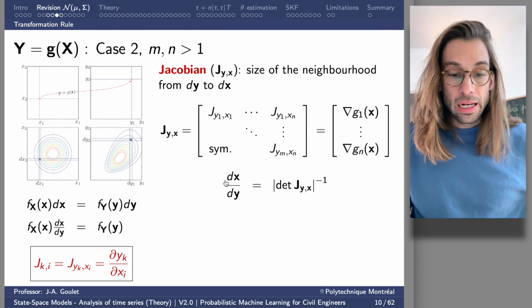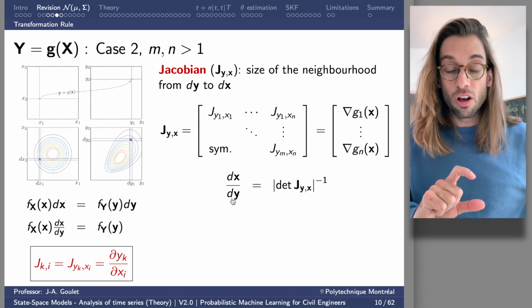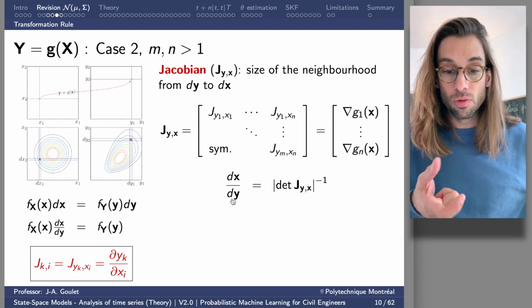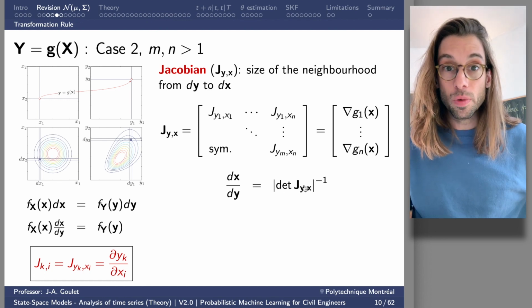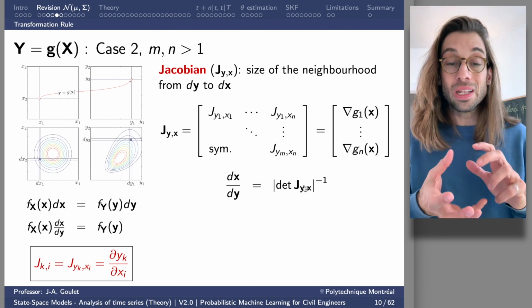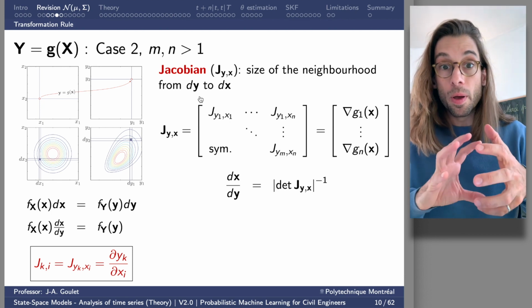Okay, and here my dx dy, which is the inverse of the derivative of my transformation function, is going to be the determinant of that Jacobian. Keep in mind, the determinant represents how much that matrix is going to warp my space.